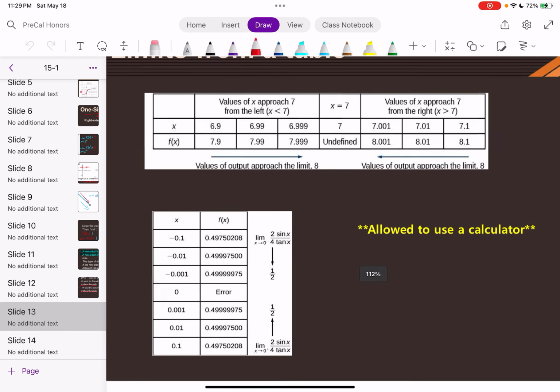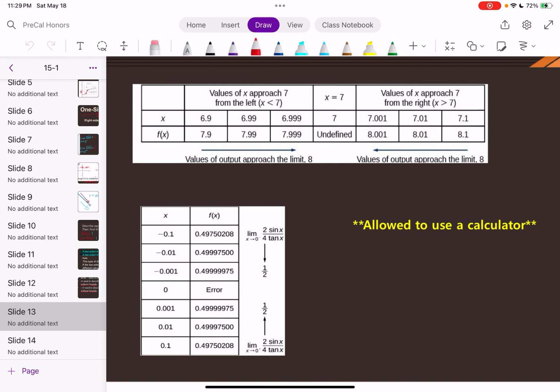Now, for these problems, when you are given a table and your function, you are generally going to have to figure out the values on the y side of your table. In this case, you would be allowed to use a calculator to plug the x values into your equation to come out with a y value.